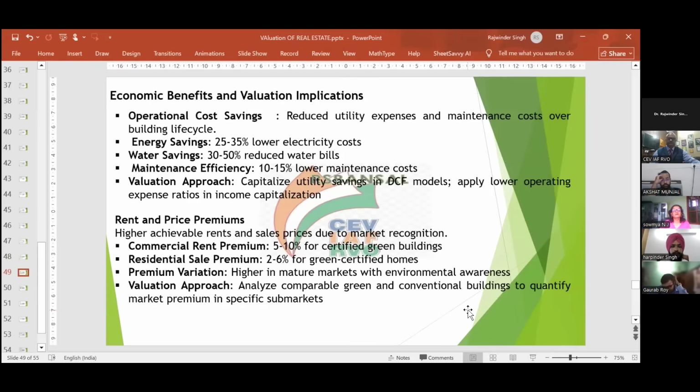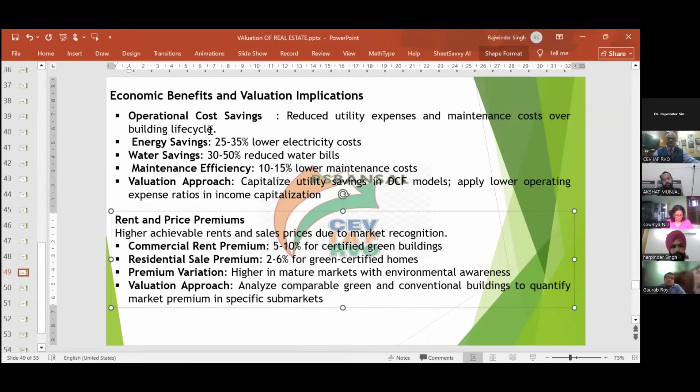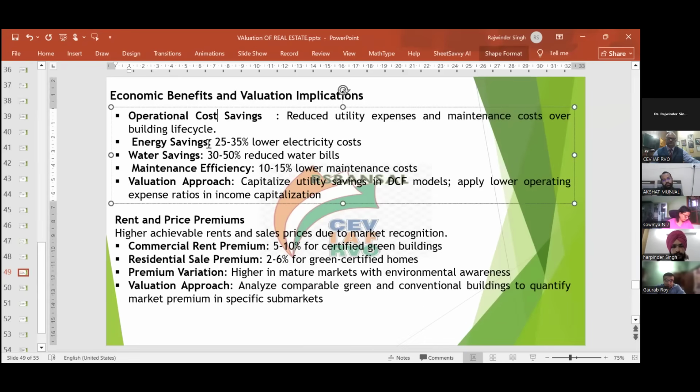So what are the economic benefits of green building construction, and what is its valuation impact? With green building, the operational cost will be reduced. It will reduce utility expenses and maintenance cost over the life of the building. First, it will lead to operational cost saving and energy saving. Green buildings will have 25 to 35% lower electricity cost.